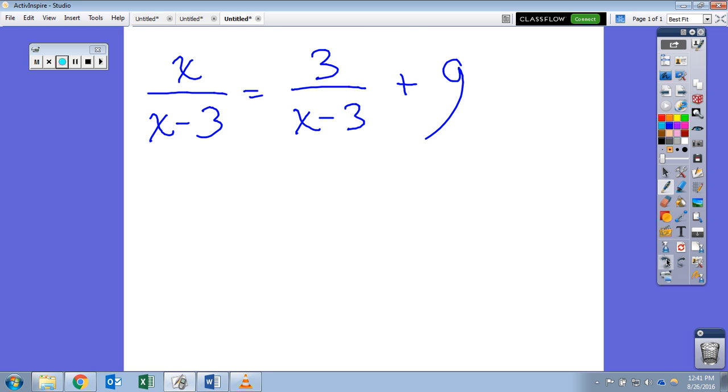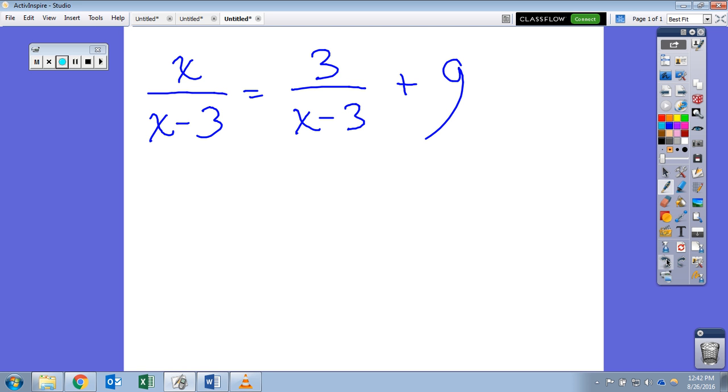Just so I understand it. Let me ask you this: what's the denominator of the fraction on the left-hand side of the equation? What's the numerator? X is the numerator. What's the denominator of that fraction?